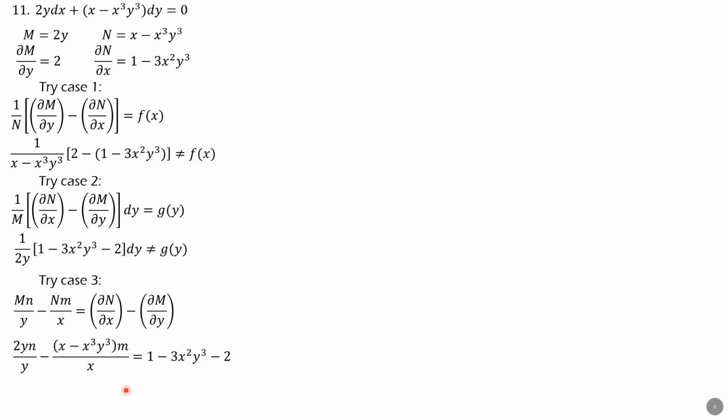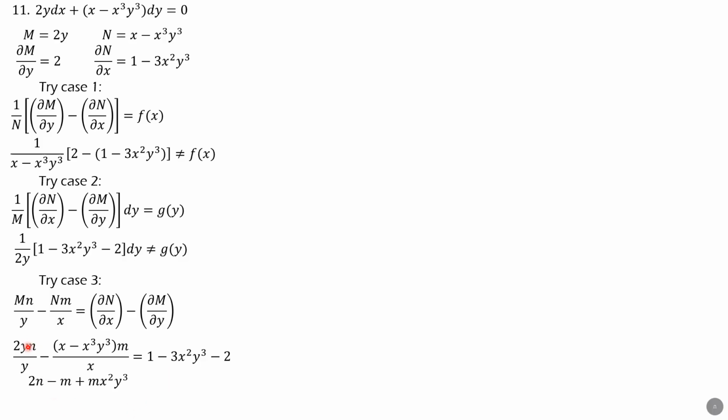And we simplify the right side. So this is 2N minus m after simplification. So minus m plus m x squared y cubed equals negative 1 minus 3x squared y cubed.